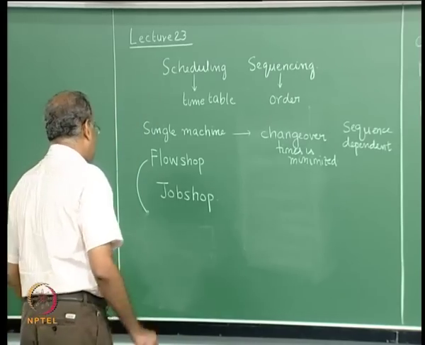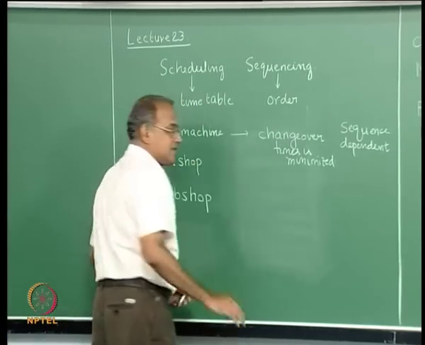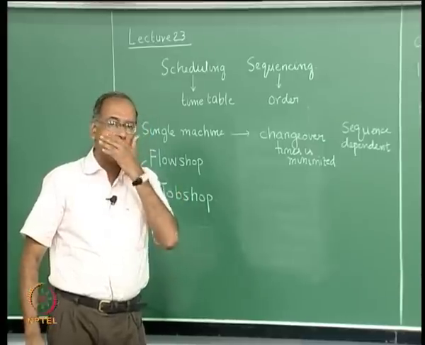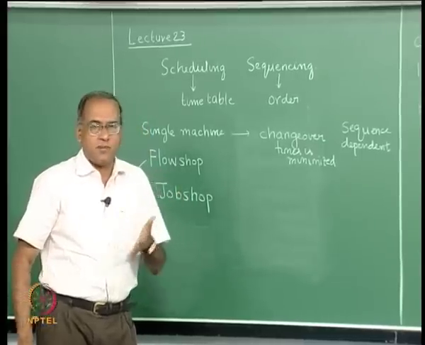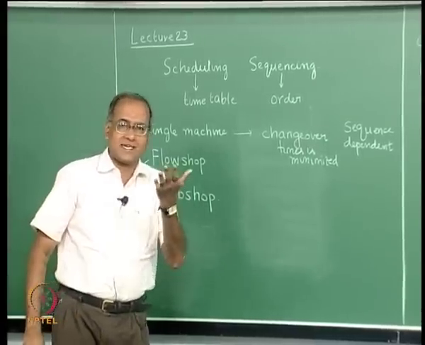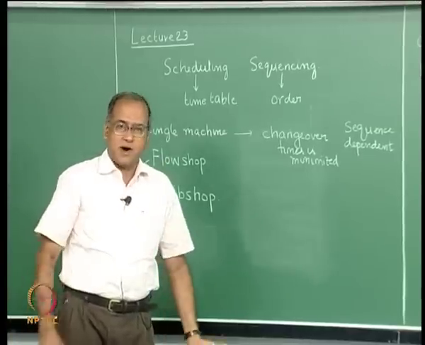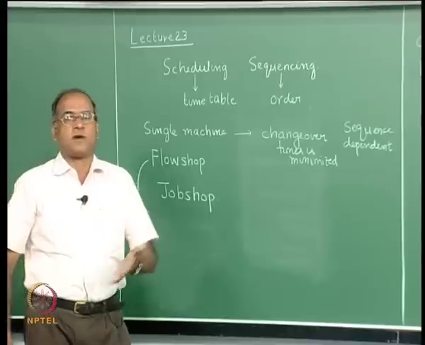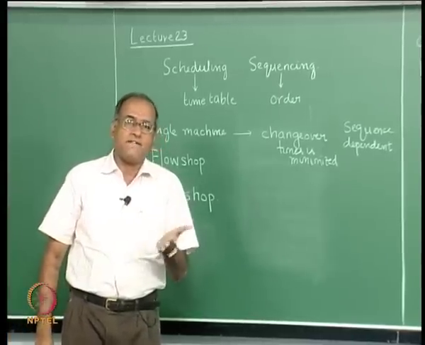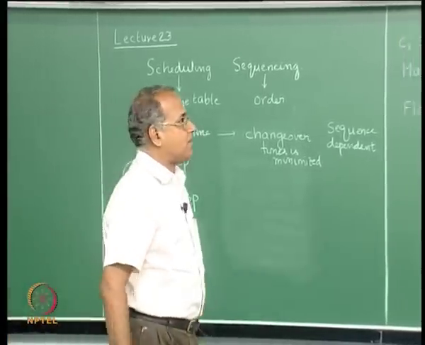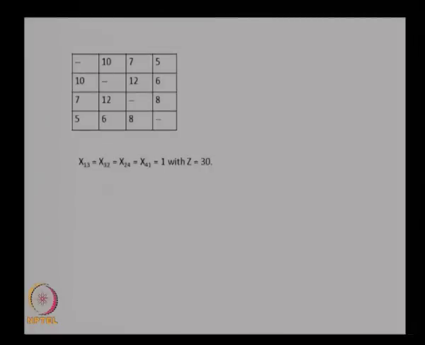So, the first problem that we will consider is a well known problem from the sequencing scheduling literature. The context comes from the fact that we are looking at a single cell which makes a certain number of products or parts, and there is a changeover time that is given which is sequence dependent. So, we look at this example where we consider 4 parts on a single cell.